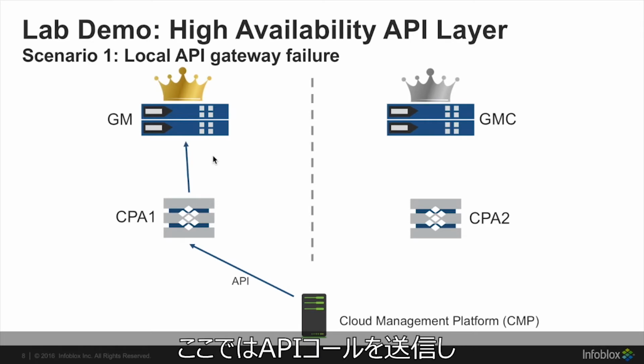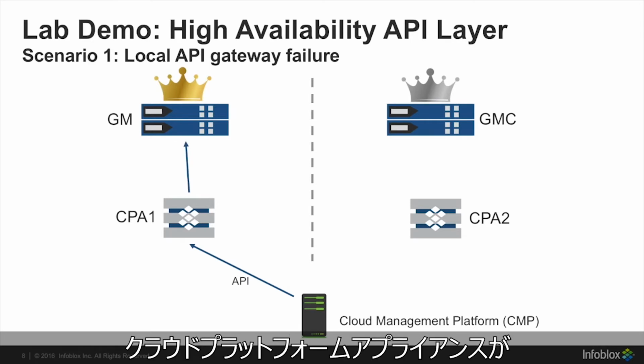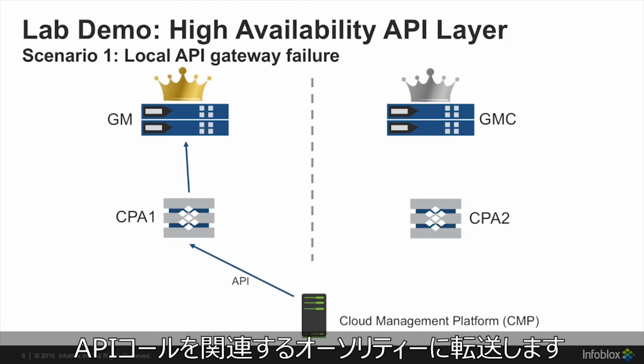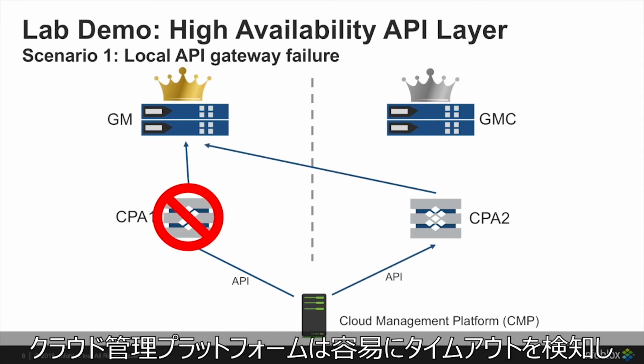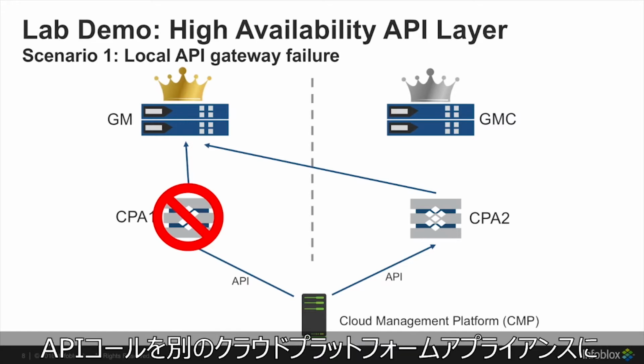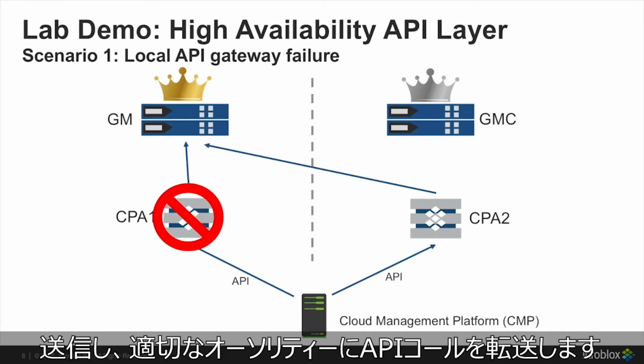We see that it can send an API call, and that cloud platform appliance will route the API call to the relevant authority. In this case, it is the grid master. However, if that cloud platform appliance fails, the cloud management platform can quite easily detect a timeout and send the API call to the second cloud platform appliance. It will then route the API to the correct authority.